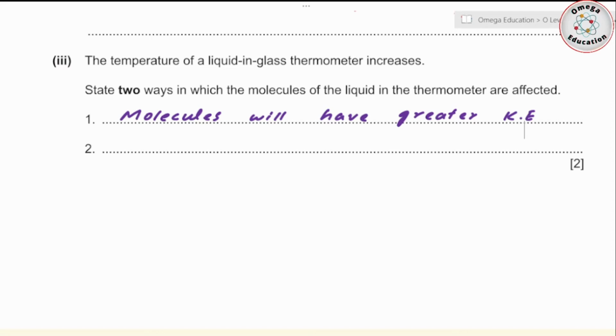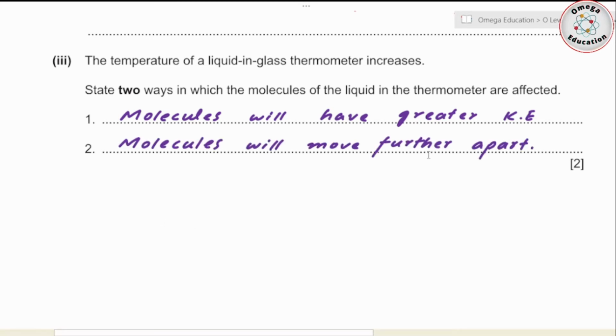They would not be considered as distinct points. So even if you write here molecules will have faster speed, they would be moving faster, that would be considered only a single point. So what we can write here is the separation between the molecules would be increased, or more separation between the molecules, they will move further apart.